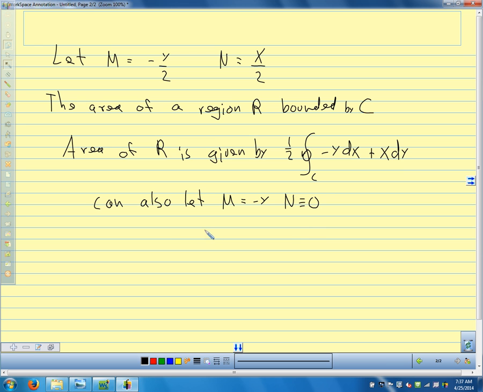In that case, our area is the line integral over our closed curve C of negative y dx. When we use Green's theorem here, we end up with just 1 dA.